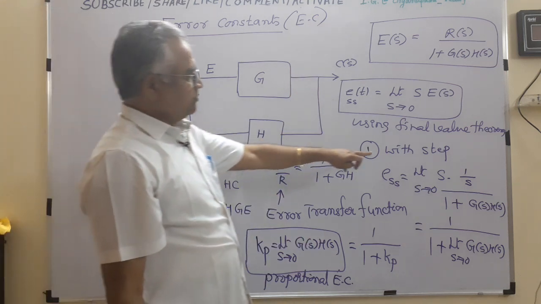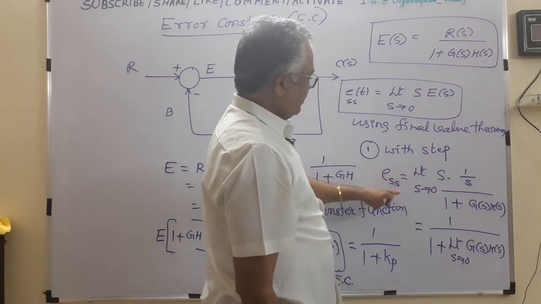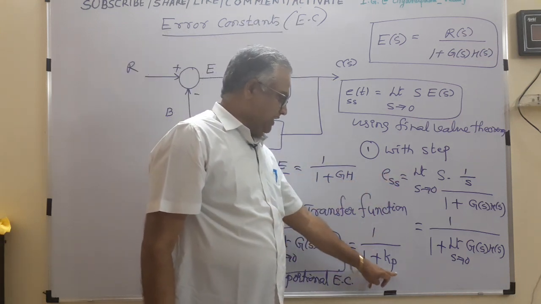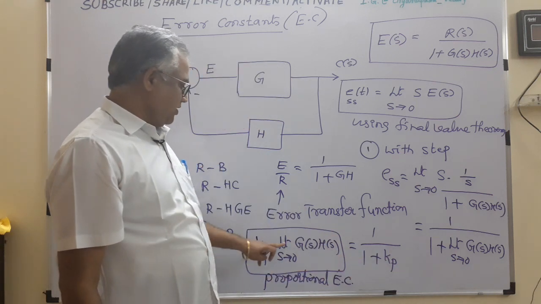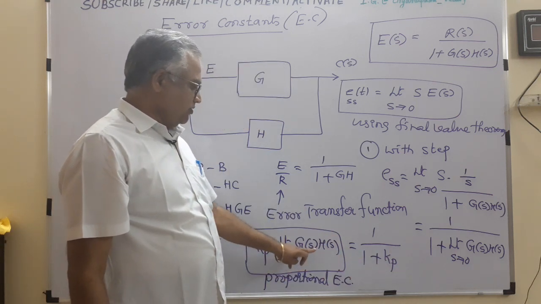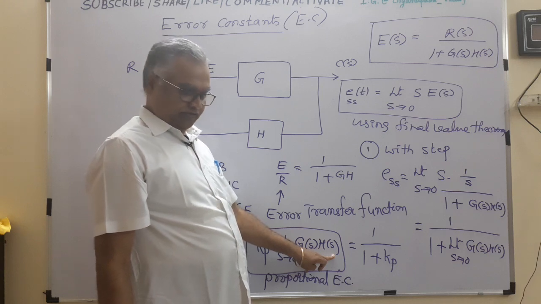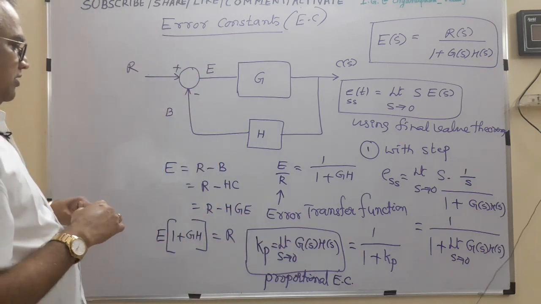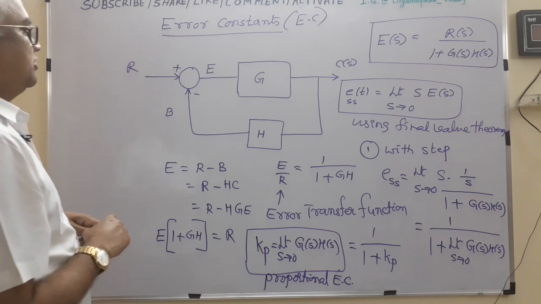So when step is applied, how to find the steady state error? Using the formula 1 by 1 plus Kp. What is the Kp formula? Limit s tends to 0 g of s h of s. So like that you can find the proportional error constant.